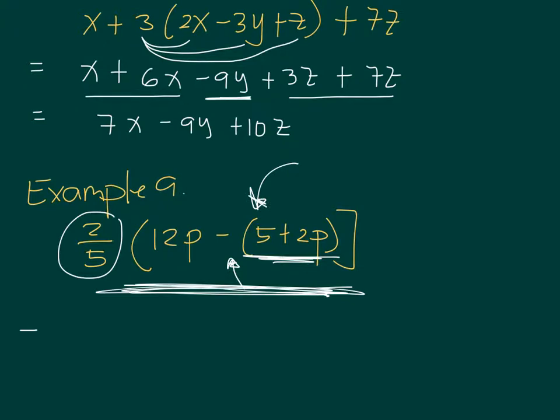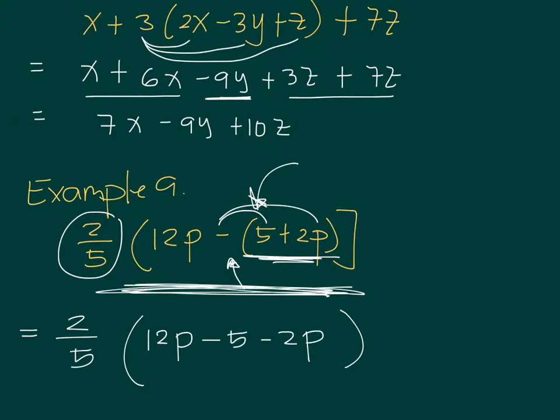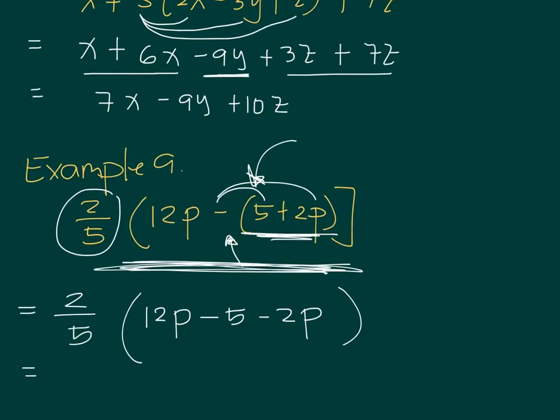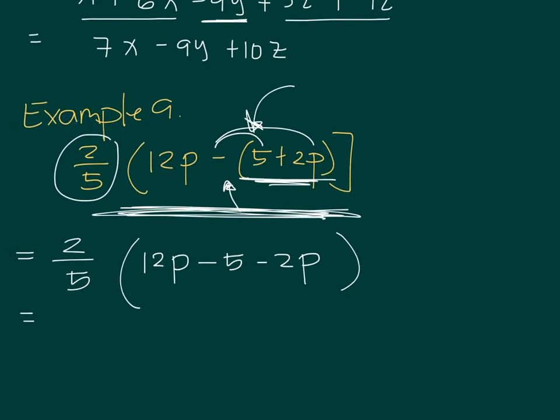So how do we simplify this? Just leave 2/5 for a while, and then we simplify the one inside. So I have 12p, and then by the distributive law, this will become minus 5 minus 2p. And then again, inside, that's 2/5, and then you have 10p minus 5.